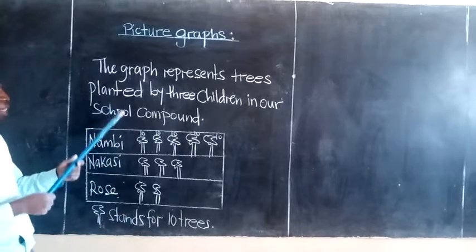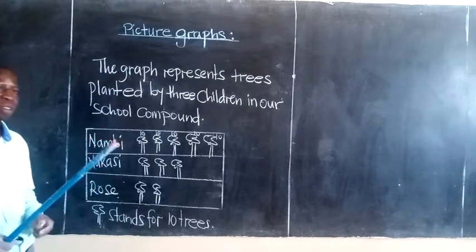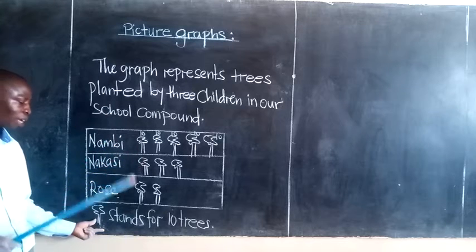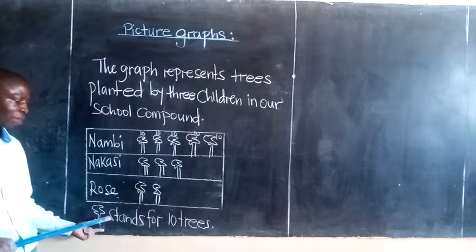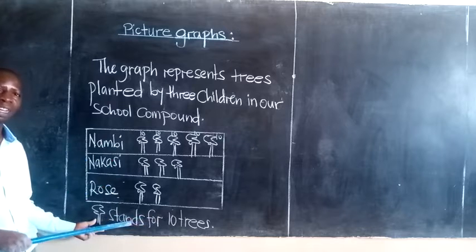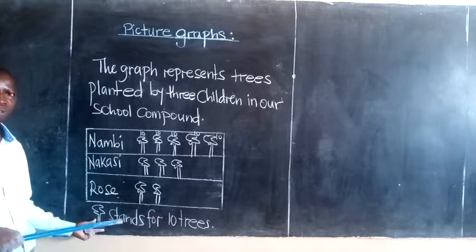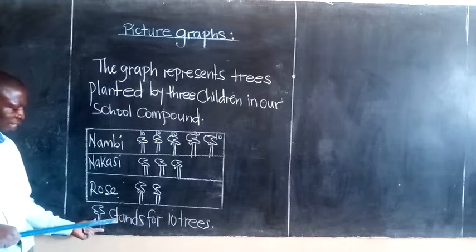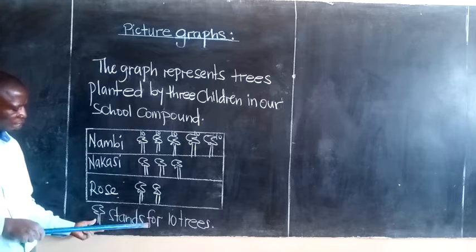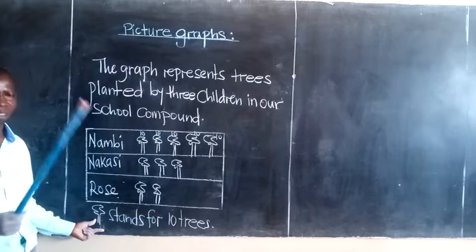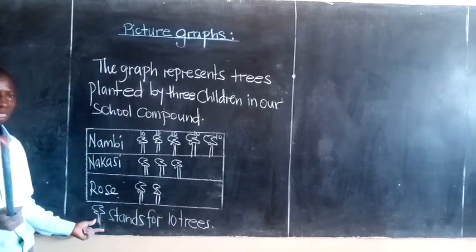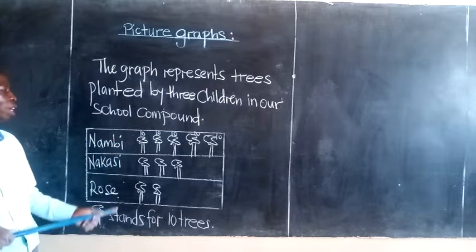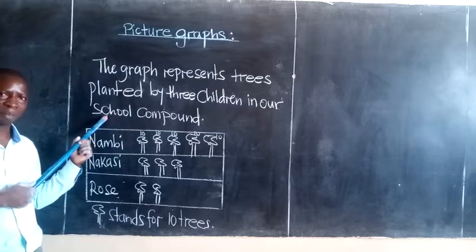So whenever you are given a picture graph with a scale, you need to look at the scale first. You study the scale and interpret it and understand it very carefully. To study is to take a critical analysis. Sometimes they put the scale down here, sometimes up here.